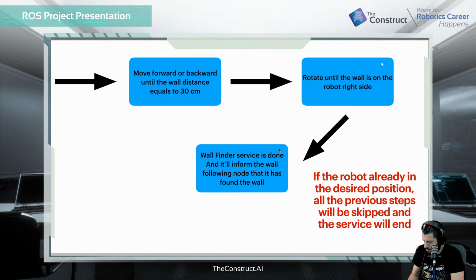Then we will know that we are in the proper position and the service will be over. We will skip all that only if the right laser is already equal to 30 centimeters. You get me? We won't need to do all the service process because we are already there.